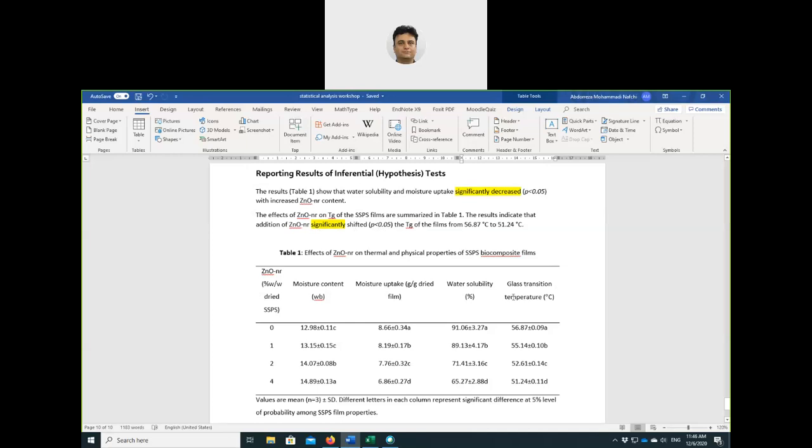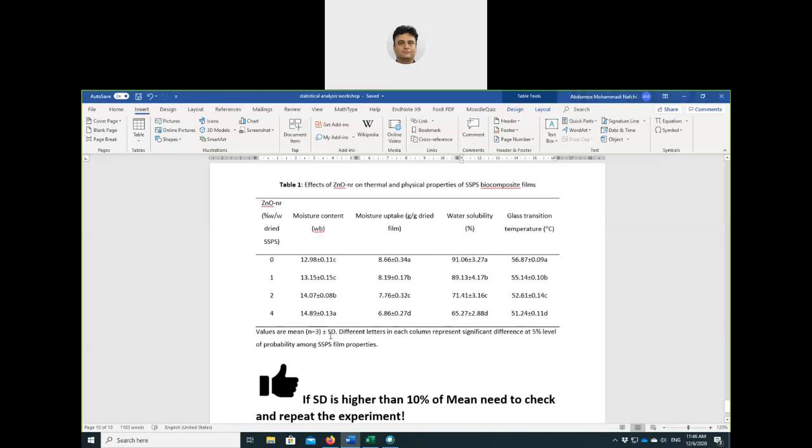This one you can see significantly decreased, A, B, C. And in the table here you need to put that values are mean and the number of replications plus minus standard deviation. This is the first part of statistics, the descriptive statistics. This sentence is very important.